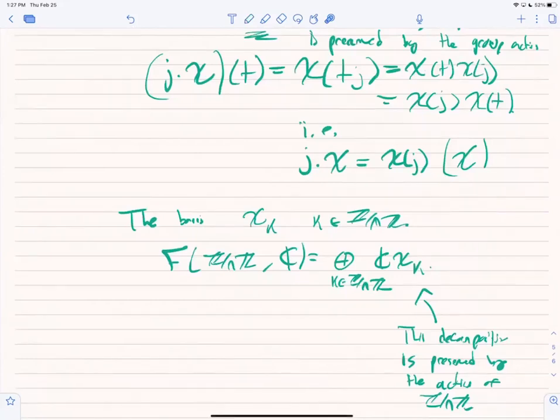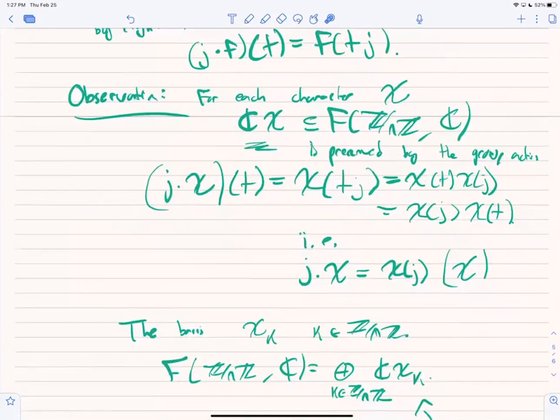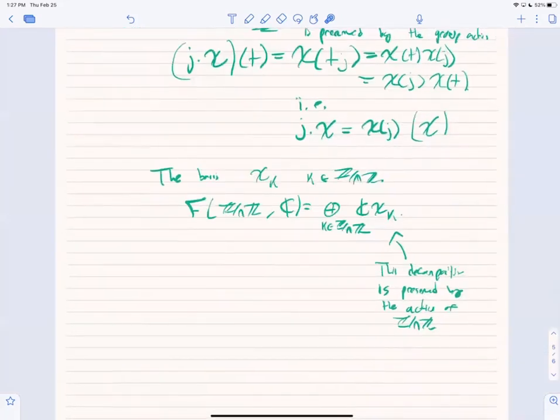This is what I'm saying: a very powerful magical thing happens. Z mod NZ acting on itself by right translation had a single orbit. But now when I linearize and look at the space of functions on it, it is built up of smaller irreducible chunks corresponding to the characters of your group.